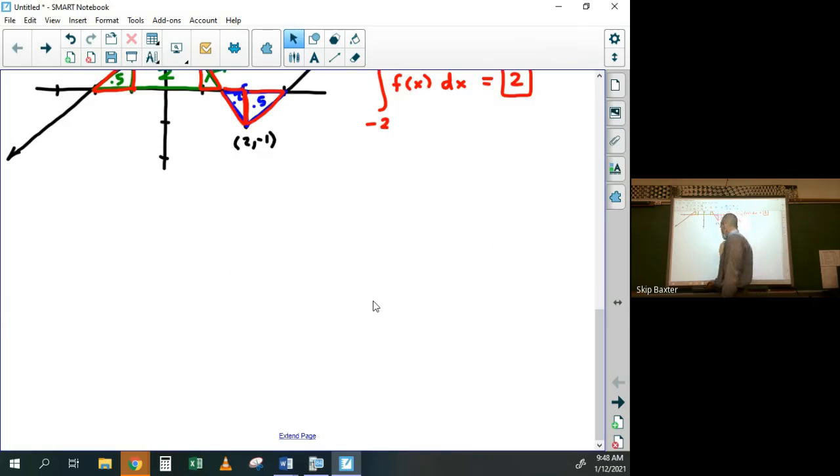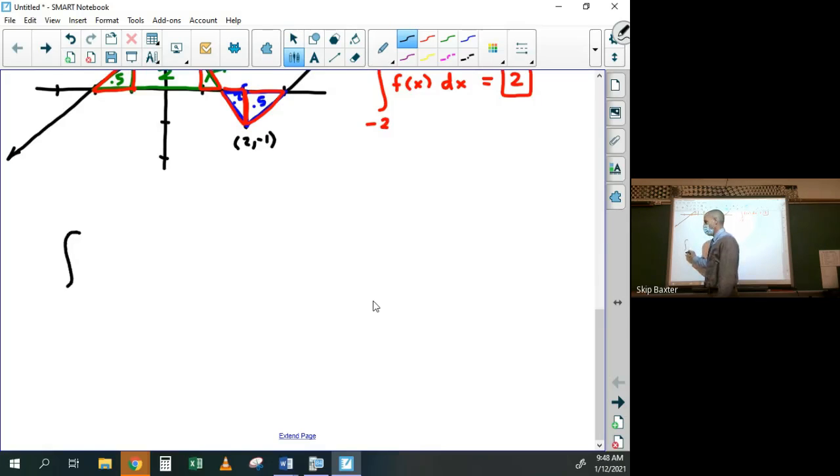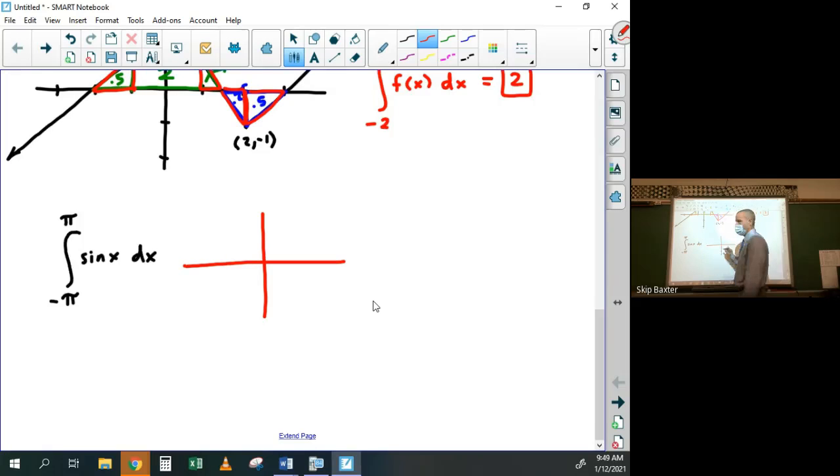Or what if I had a problem that was like the integral from negative pi to positive pi of sine x? Just picture sine x. Rather than actually evaluating this definite integral, I'm just going to picture sine x.